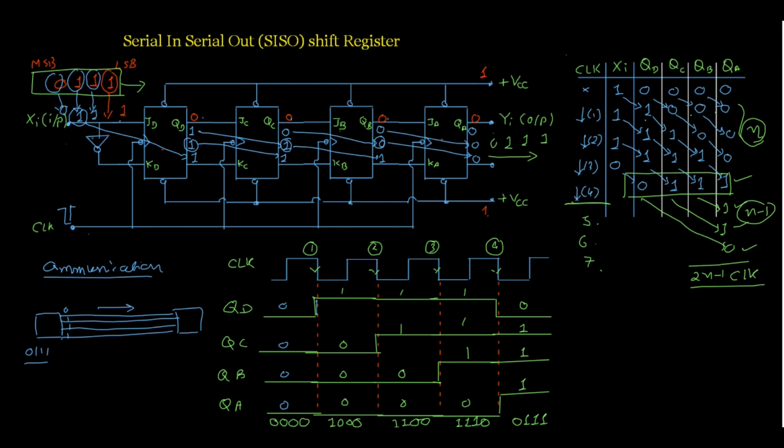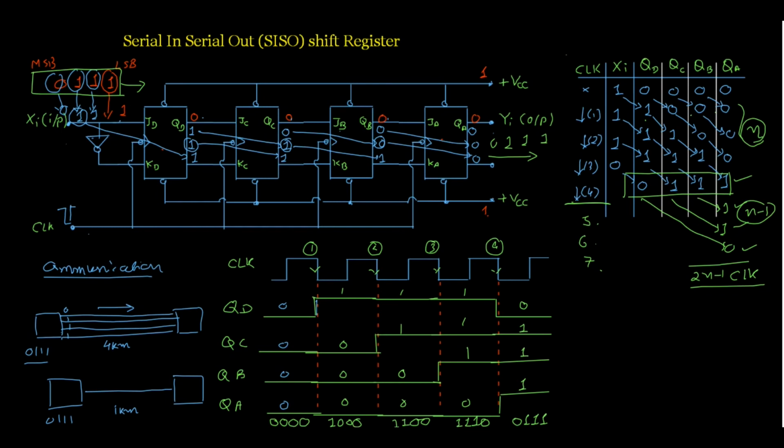But if we have a SISO system, then only one wire is required to transfer the data. Suppose the distance between the two computers is large, like 1 kilometer. Then in the serial case you require a cable of 1 kilometer, but in the parallel case you require 4 kilometers because 4 wires are there.